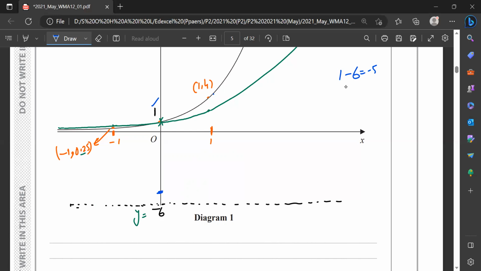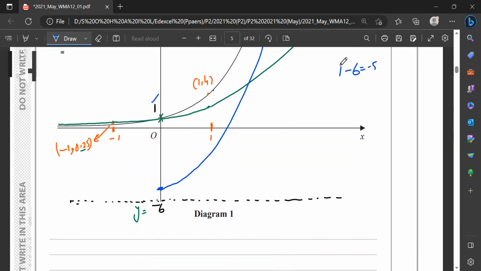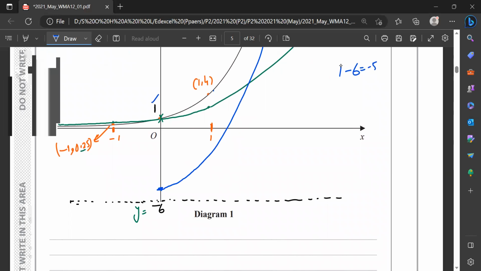Then I can draw again a smooth curve, and on the left-hand side it will get closer and closer to the dotted line.